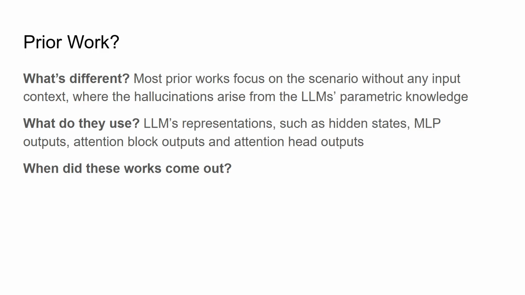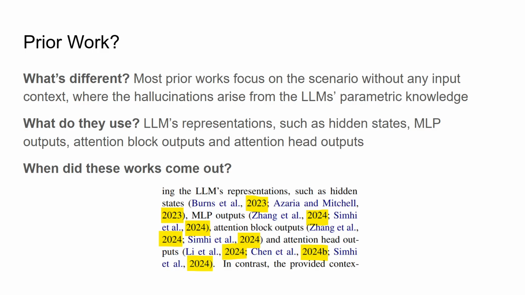And another thing you might be interested in seeing is when did these works come out? You can see almost all of them came out in the last year or so, at least by the works which this paper cites, and you can see 23, 2024. So this is a very fast moving field.